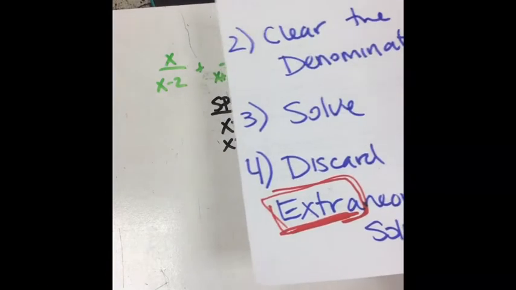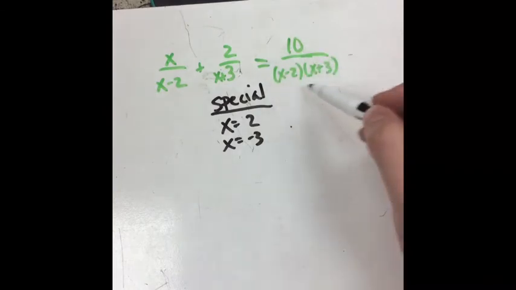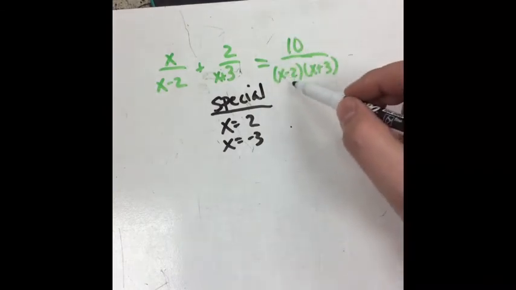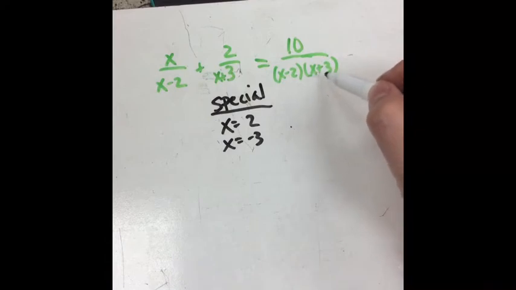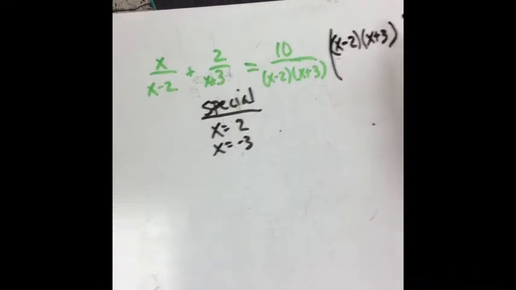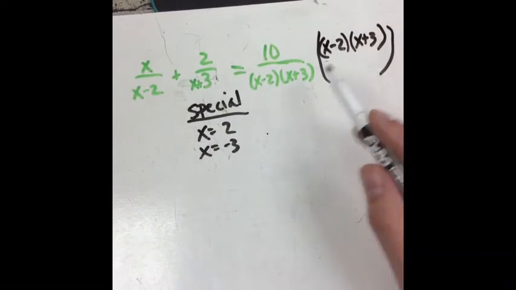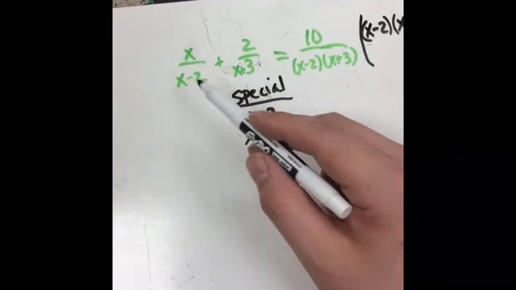The next thing we want to do is clear the denominator. So to clear the denominator, we're going to come over to the answer here, and we're going to get rid of this x minus 2 and x plus 3. The way we're going to do that is by multiplying by x minus 2 and x plus 3. However, if we multiply on one side of the equal sign, we have to multiply by the same thing on the other side.